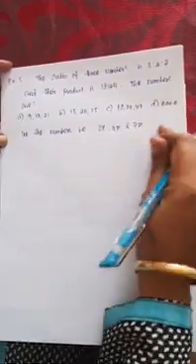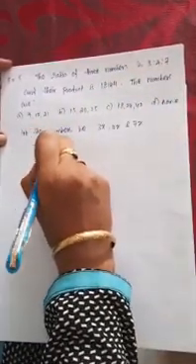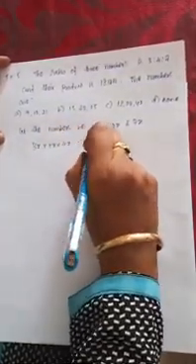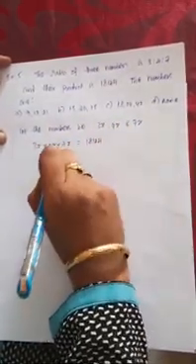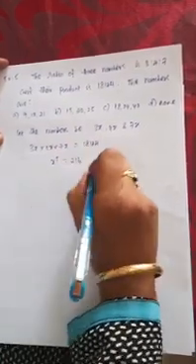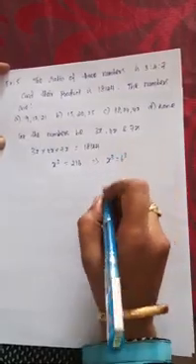Then the product of these numbers is given. So 3x into 4x into 7x is equal to 18,144. So multiply this, x cube is equal to 216, so that x cube is equal to 6 cube, that is x is equal to 6.